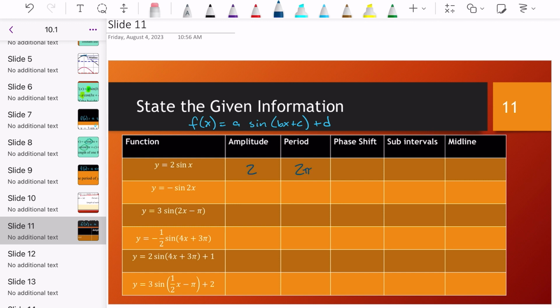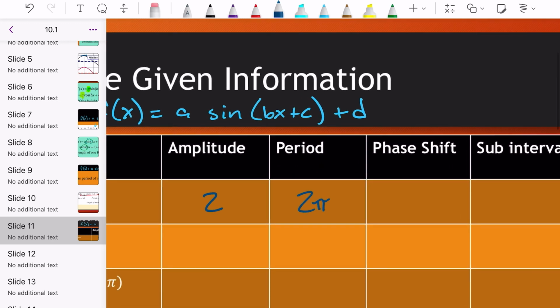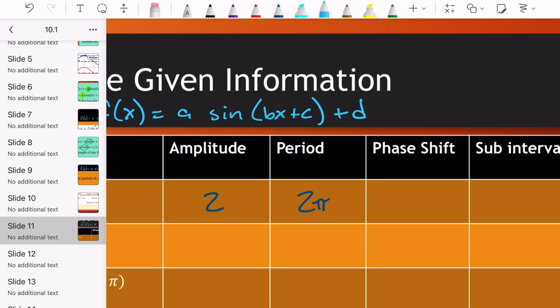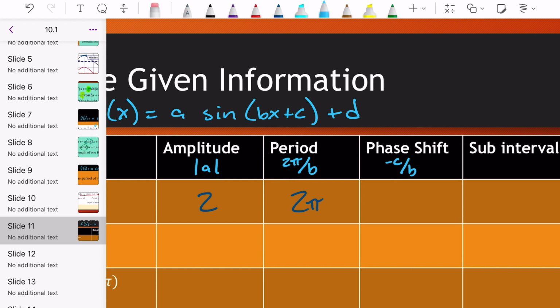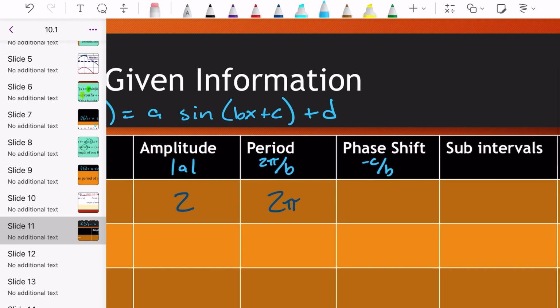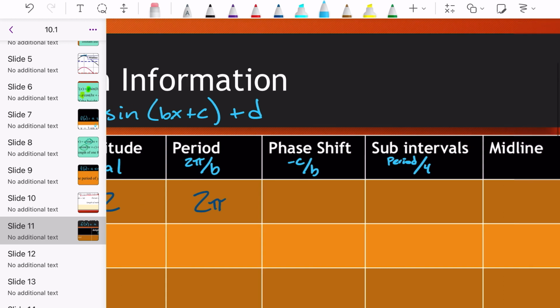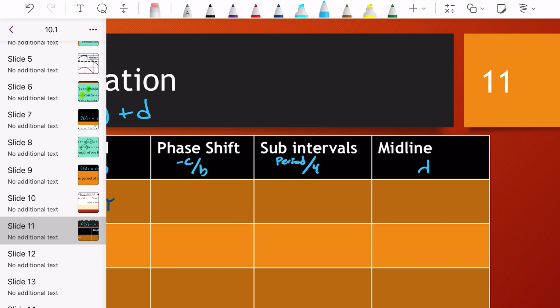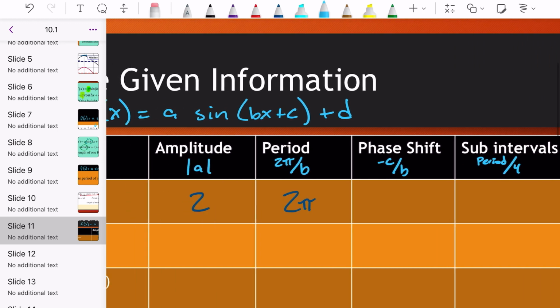Now remember, the period is 2 pi over b. Amplitude is the absolute value of a. Our phase shift is negative c over b. And our subinterval is the period divided by 4. And our midline is generally the d of the equation.